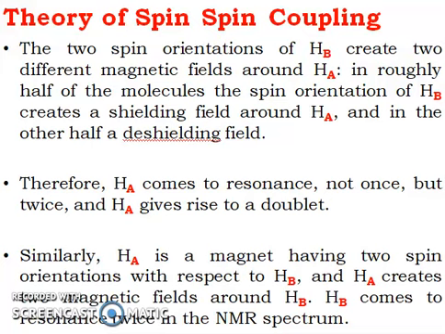If they are opposed, it is called a shielding field. Therefore, HA comes to resonance not once but twice, and HA gives rise to a doublet. Similarly, HA is a magnet having two spin orientations with respect to HB, and HA creates two magnetic fields around HB, and hence HB comes to resonance twice in the NMR spectrum.